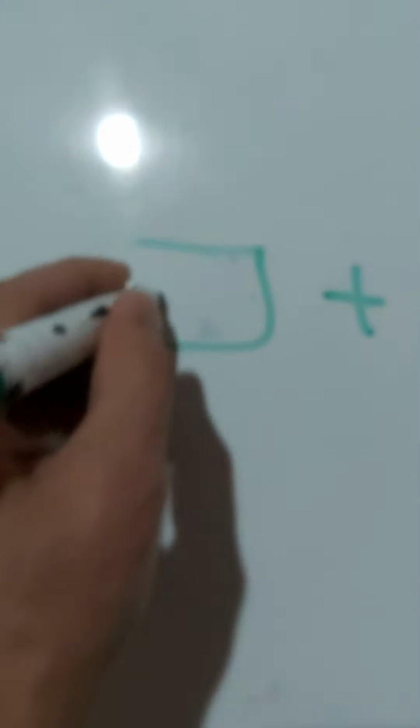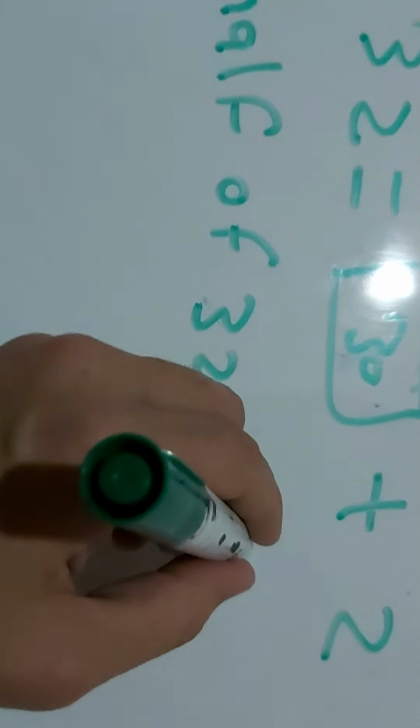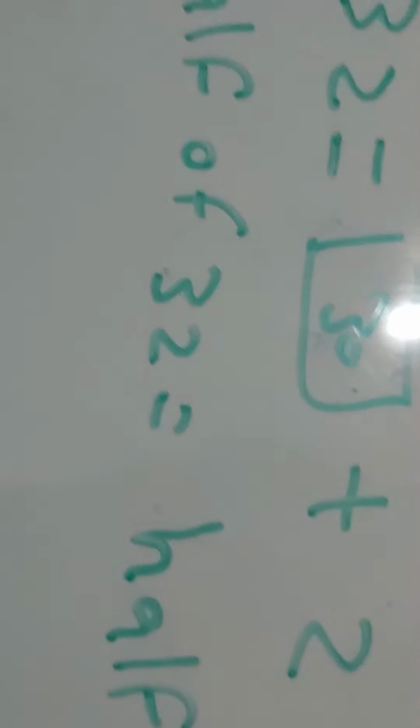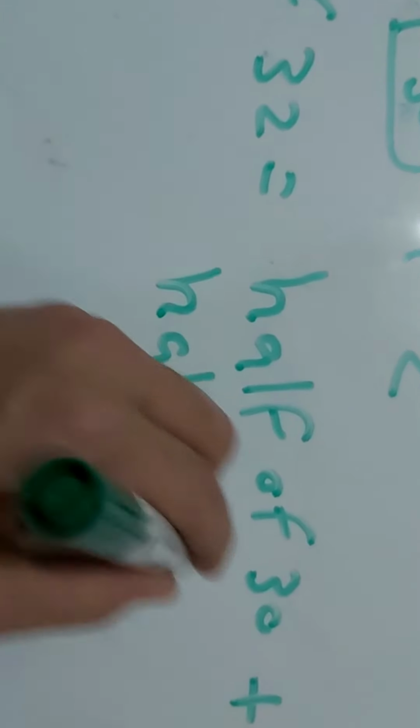Then we get the 32 equals what plus what, so 30 plus 2, again, then we say half of 32 equals half of 30 plus half of 2.